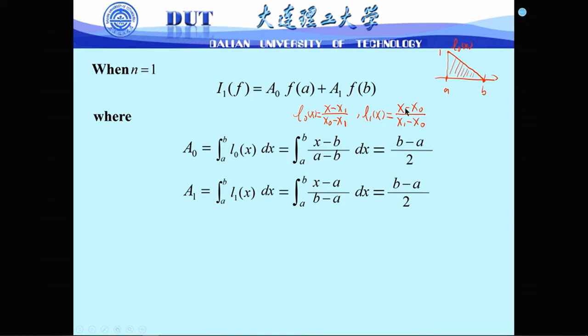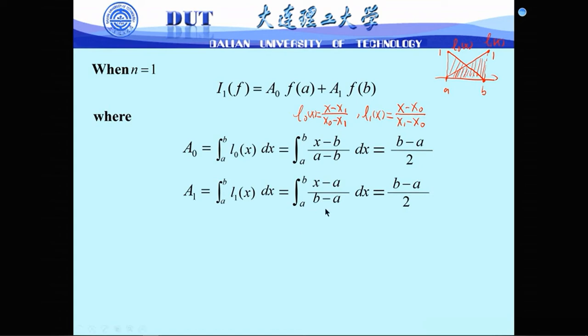Okay, so (x minus a) over (b minus a). Of course, the figure is like this, and the function value is also 1. This is l_1(x), right? Okay, so its integral is just the area of this triangle. Of course, it is the same as (b minus a) over 2. It's okay? Of course, you can directly compute the integral.